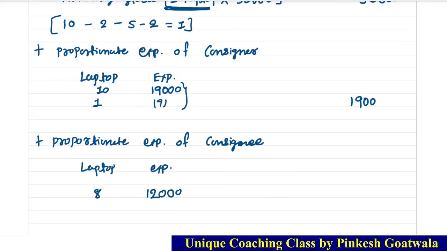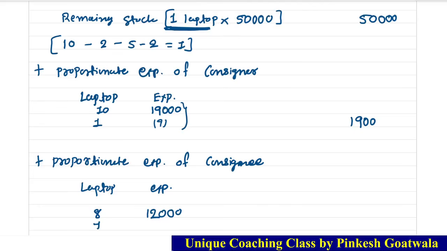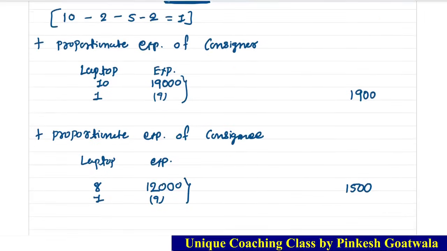And here we are calculating stock for one laptop. What will it be for one laptop? So 12,000 divided by 8, it's 1,500. So 50,000, 9,000 and 1,500, total amount comes to 60,500.